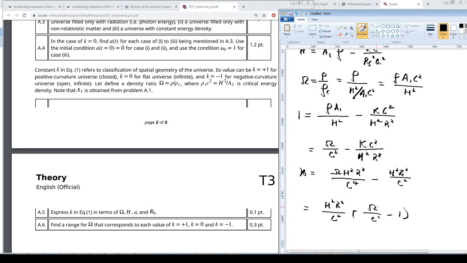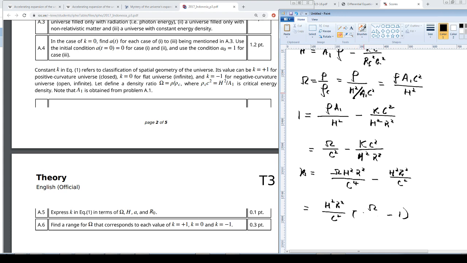I'm worried. Omega is a dimensionless number. How can I have over c squared? Omega is a dimensionless number. So what just happened here?